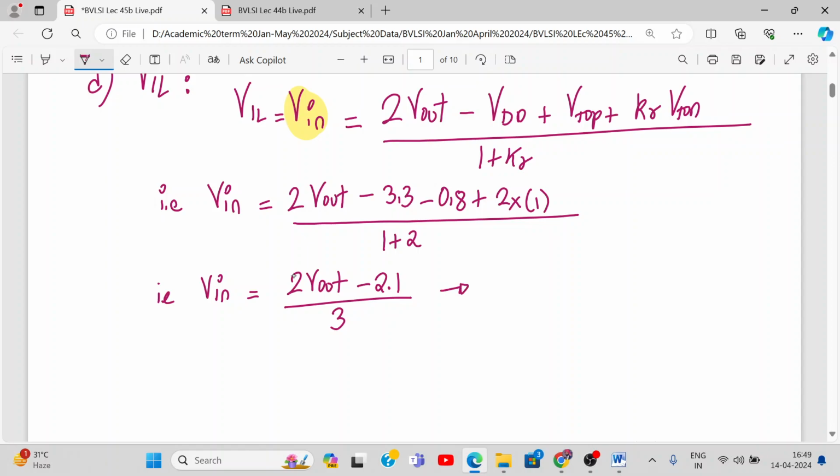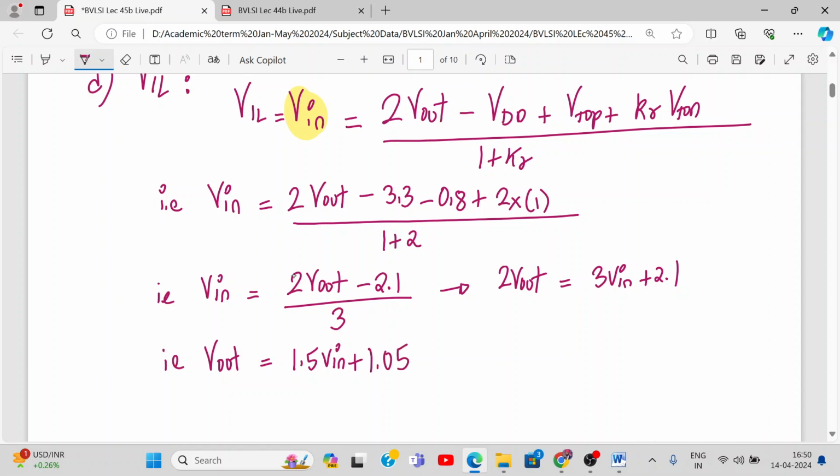Twice V out will be equal to 3 times V in plus 2.1. That is V out is equal to 3 by 2, that is 1.5 V in, plus 2.1 divided by 2, which is 1.05. So V out equals 1.5 V in plus 1.05. This is the equation we are getting. Let's call this equation number 1.